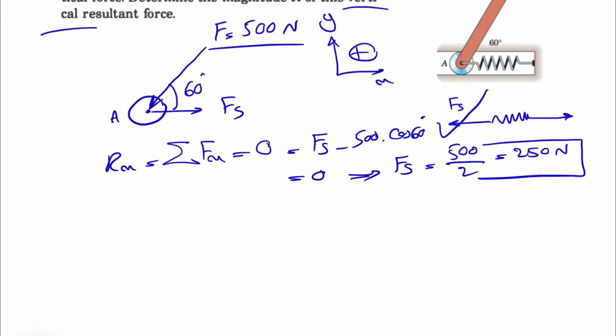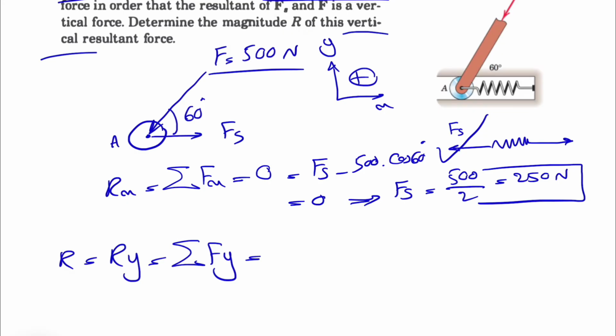As we talked about, the resultant only has Y components, so our R is basically Ry. For that, let's find the sum of all forces in the Y direction. We can see Fs is in the X direction, so no Y component for Fs, but we have the Y component of the 500 newton force. I'm going to show it in here, so this will be the Y component of F. Since it is in the opposite direction of our Y in here, it has a negative sign: 500 times sine of 60 degrees, and that gives us minus 433 newtons.